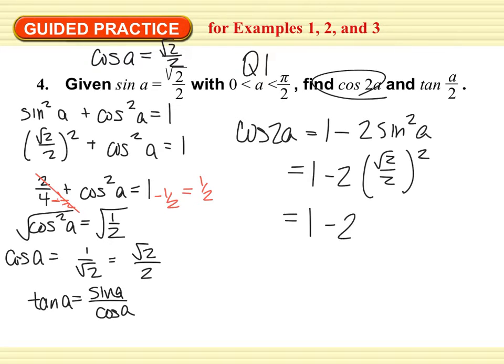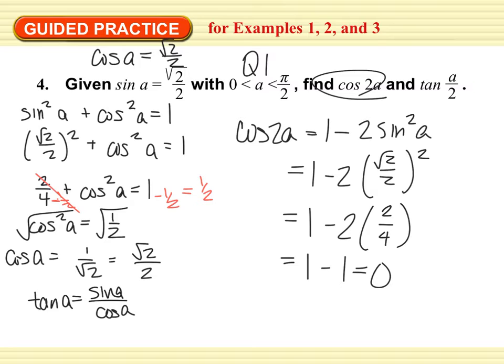If I square that, I get 2 over 4. 2 times 2 over 4 is 1, which equals 0. I have to check. Yep, 0. Awesome, so that's cosine 2A.